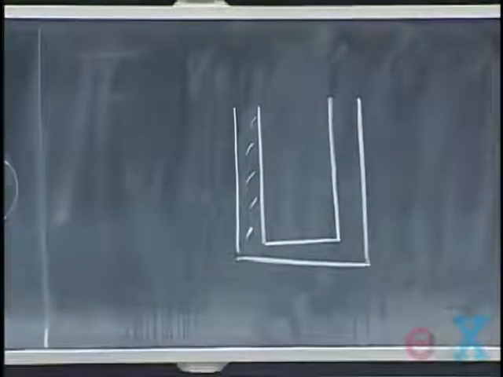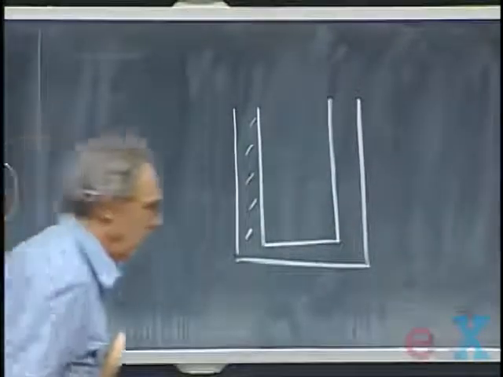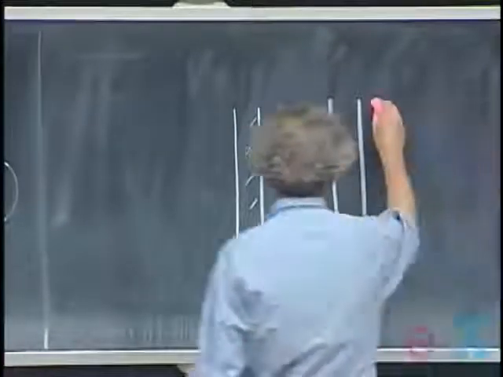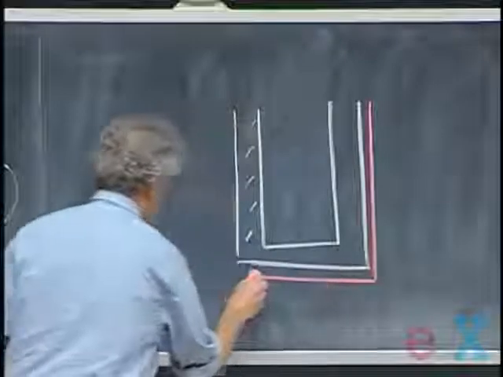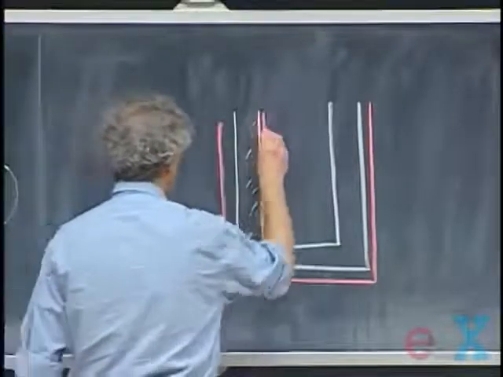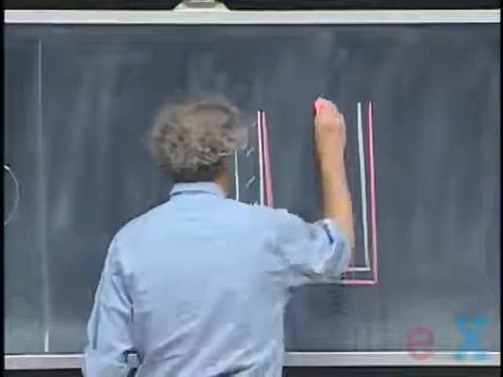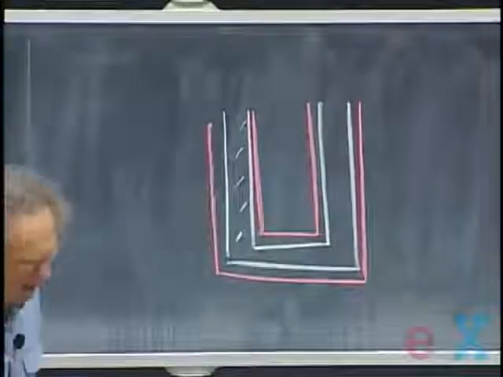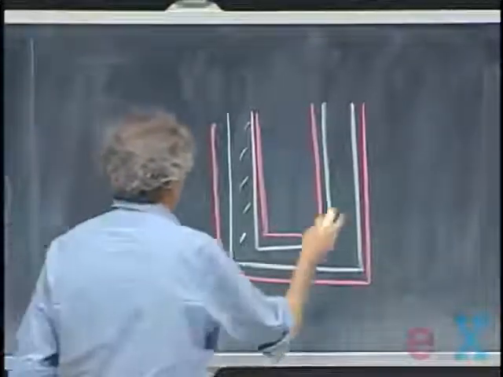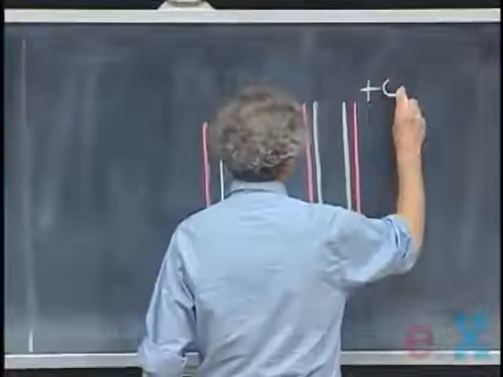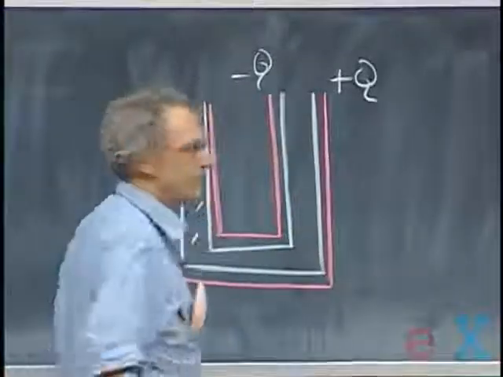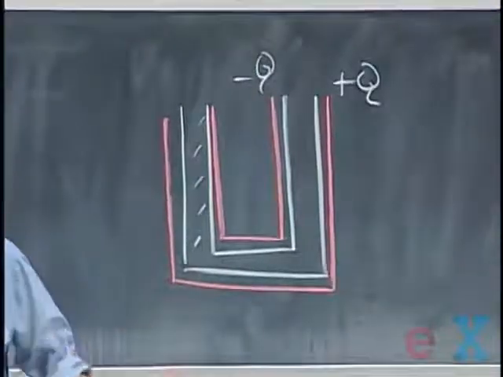And outside the insulator he has a conducting beaker, and there's a beaker inside, conducting. That's a capacitor, although he didn't call it a capacitor. And so he charged these up, and you can have plus Q here and minus Q on the inside. And he did experiments with that.